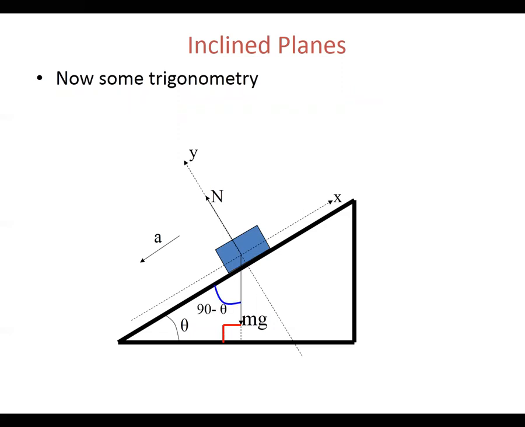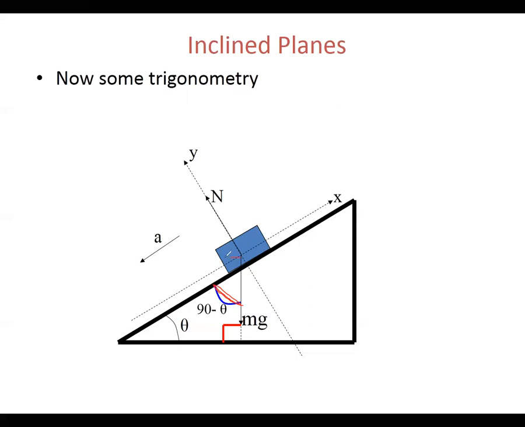So this is 90 minus theta. This angle is 90 minus theta because the plane is inclined. Perpendicular means 90, but these are not perpendicular to each other; it is less than perpendicular.